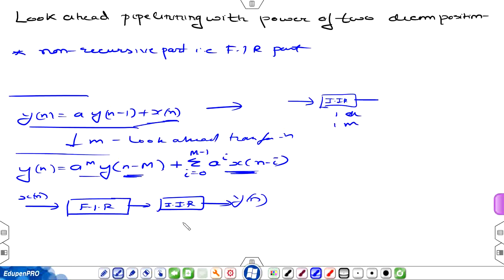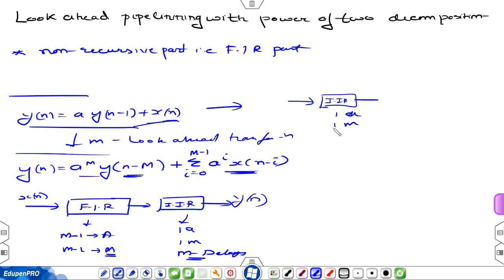Now talking about this filter, the IIR part will remain the same, one adder, one multiplier, but with M delays. And the FIR part will have M minus 1 adders and M minus 1 multipliers.